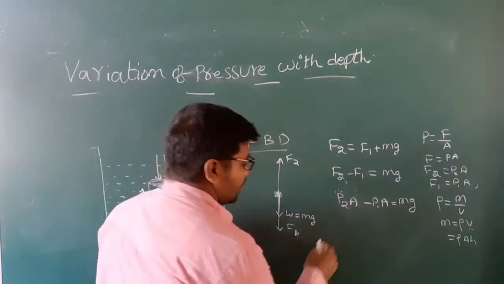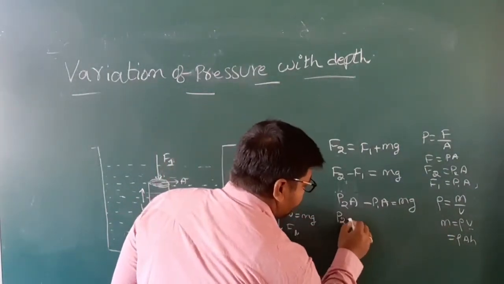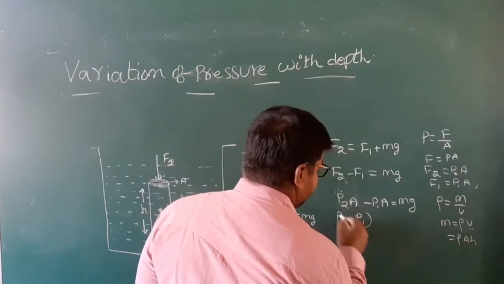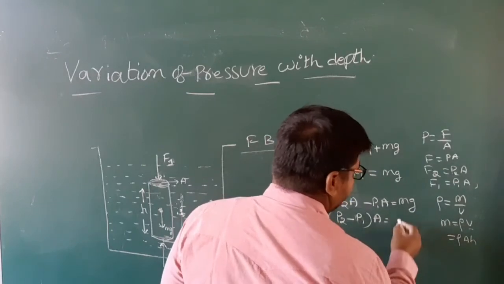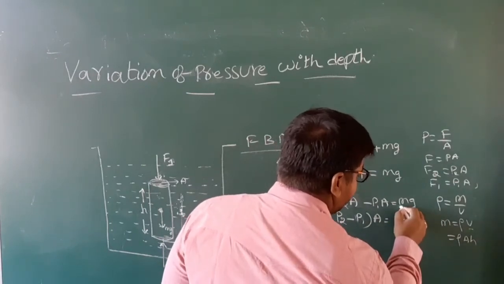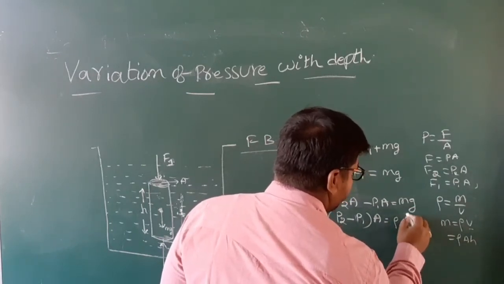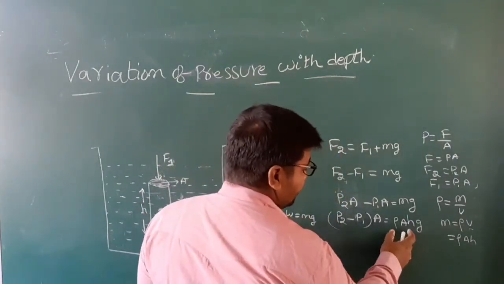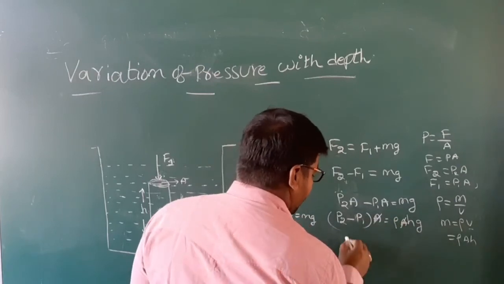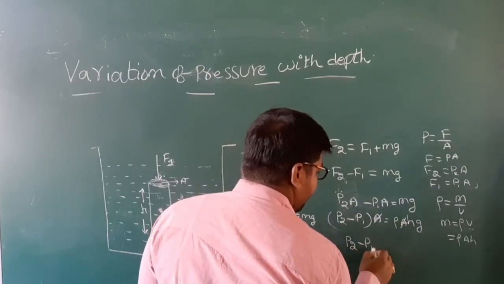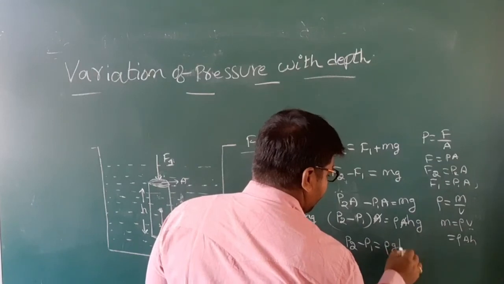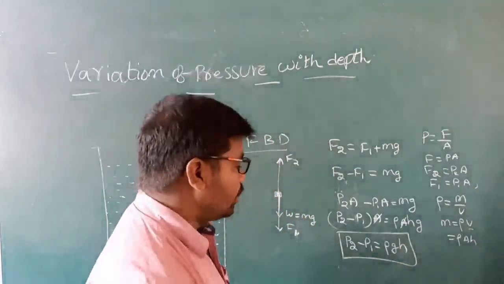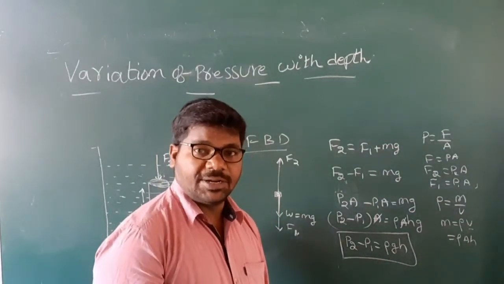So instead of mass we write rho into A into h. Then (P2 - P1)A = rho A h g. A gets cancelled. P2 - P1 = rho g h.